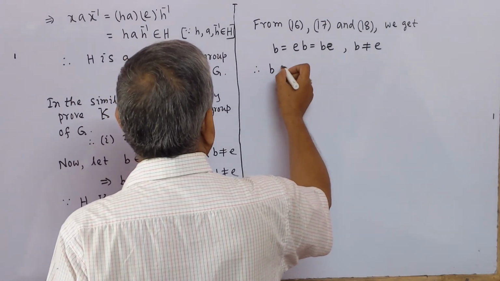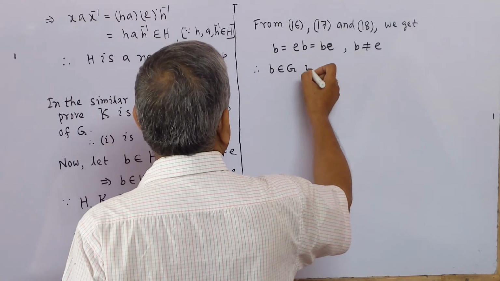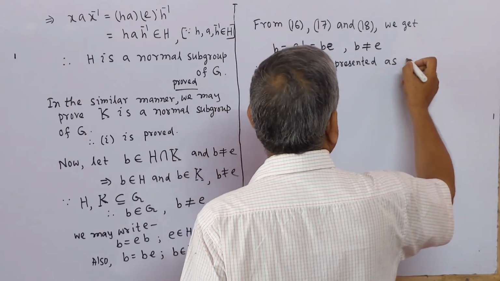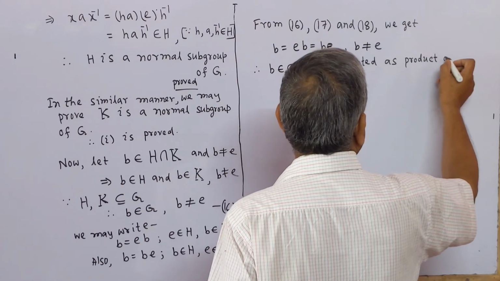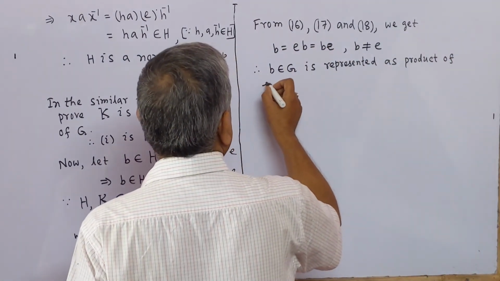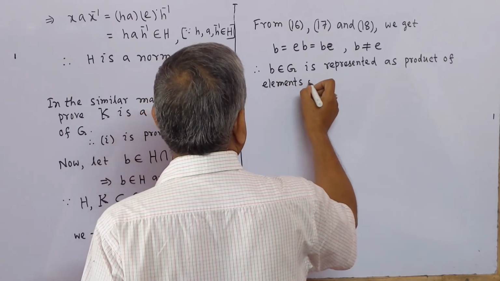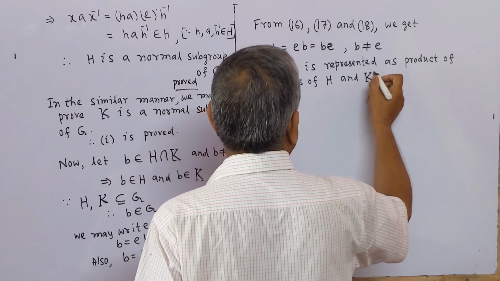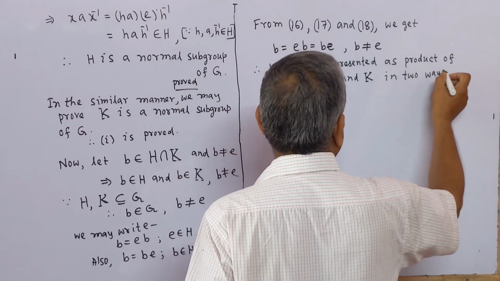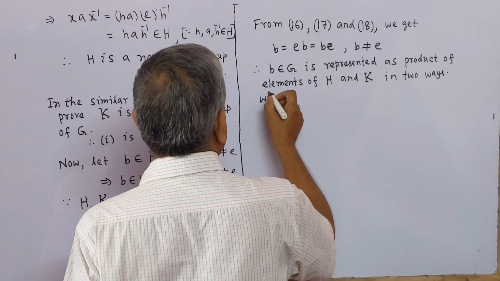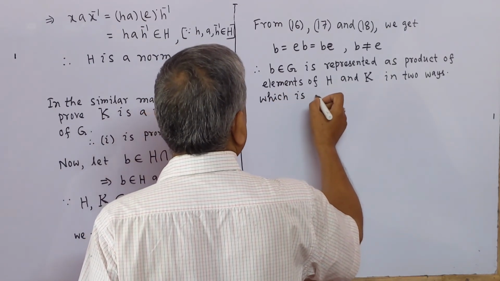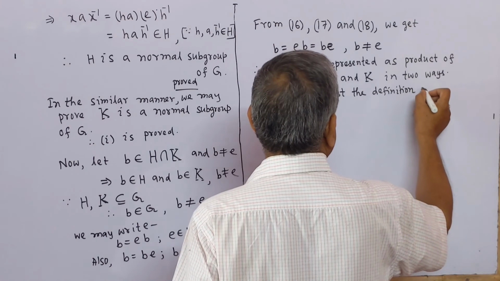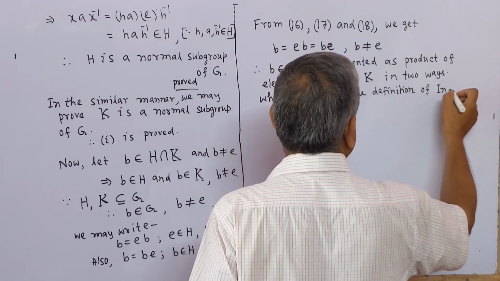Therefore, B belonging to group G is represented as a product of elements of subgroup H and subgroup K in two ways, which is against the definition of internal direct product.